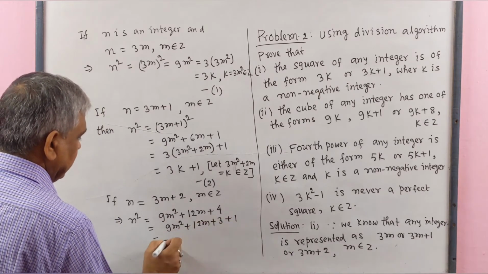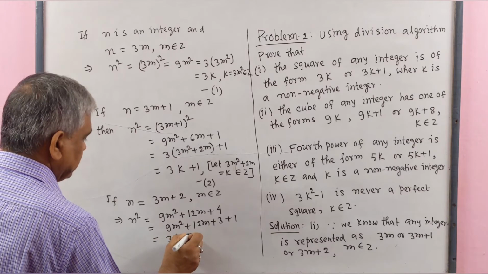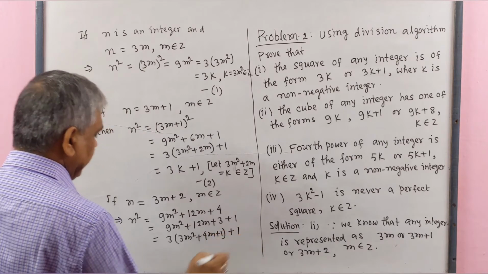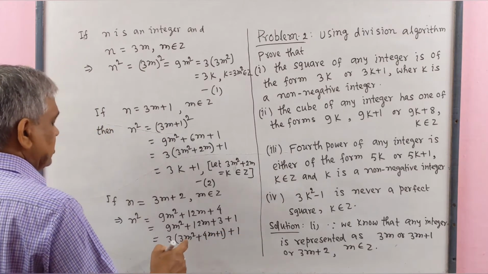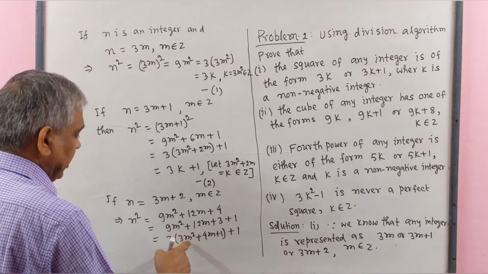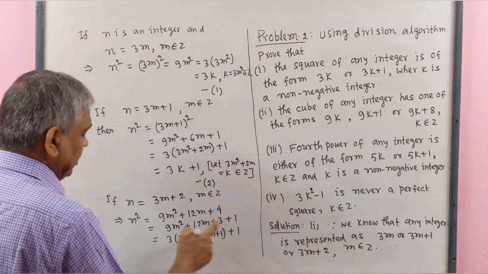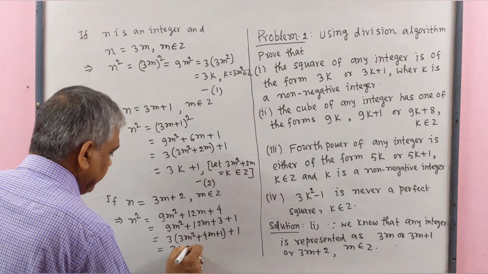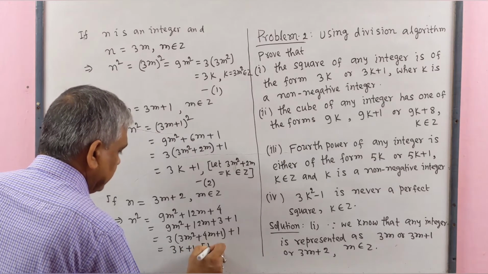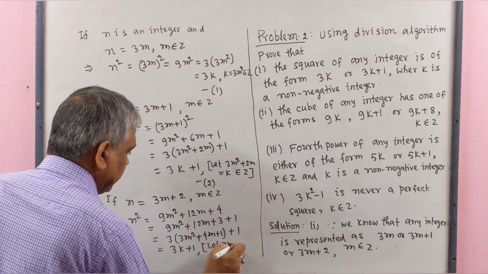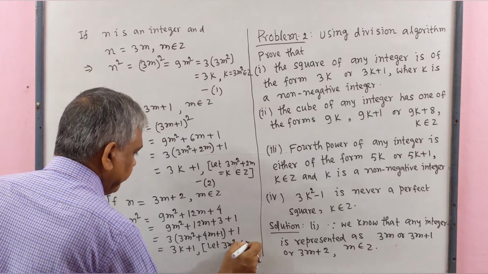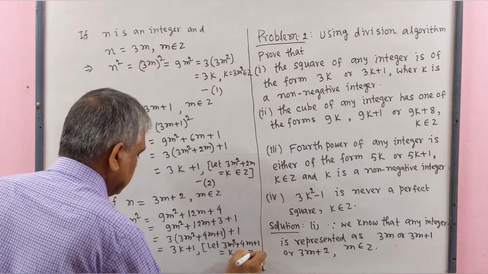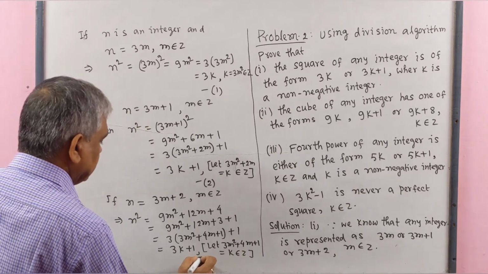Here we take common 3. 3 times 3m square plus 4m plus 1, plus 1. Since m is an integer, therefore 3m square plus 4m plus 1 is also an integer. Let 3m square plus 4m plus 1 equal to k belongs to Z. 3k plus 1. This is number 3.